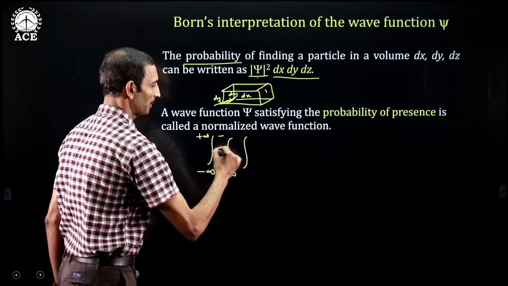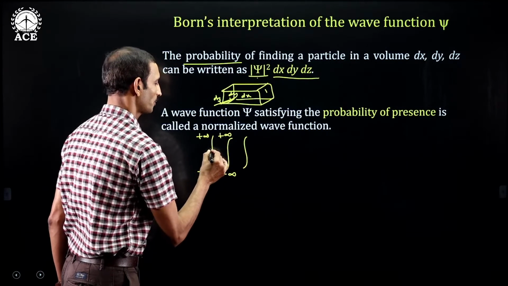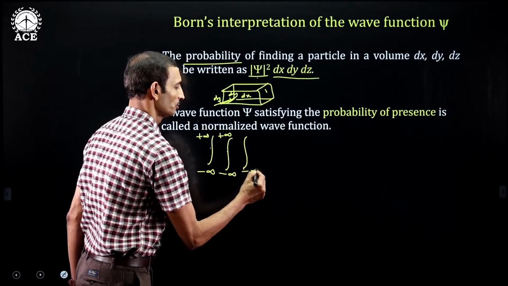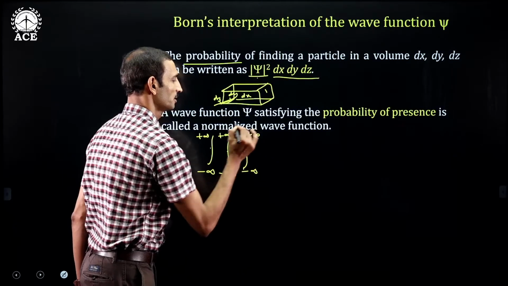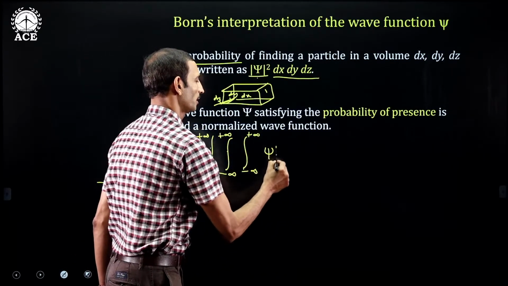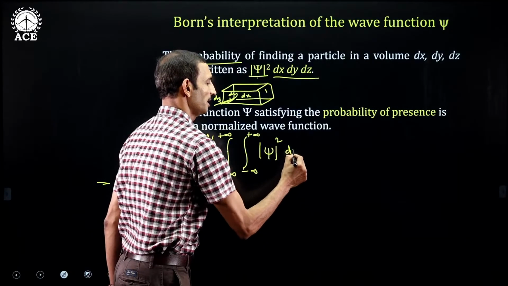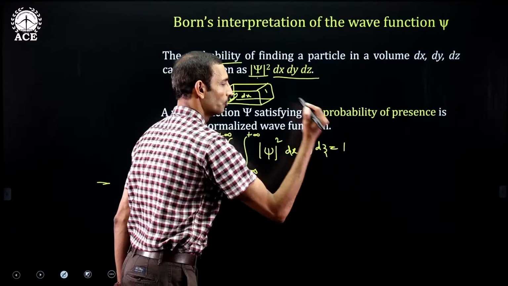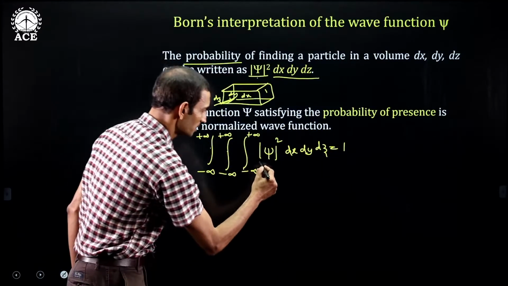So I have written three particular integrals. One corresponds to x, one corresponds to y, the third one corresponds to z. So this is the triple integral from minus infinity to infinity of psi square, in fact mod psi square, dx dy dz, equal to 1. That means what does this give?